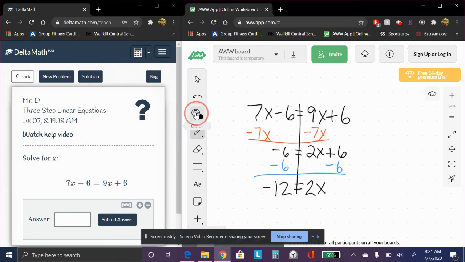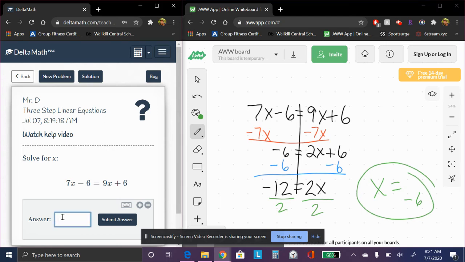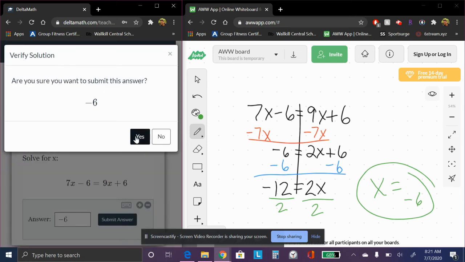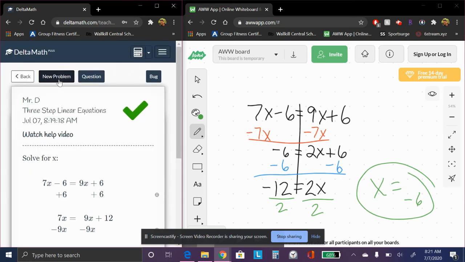Still got to get rid of that 2, so I'm going to divide both sides by 2. Negative 12 divided by 2 is negative 6. So we put that in. And yes, good.